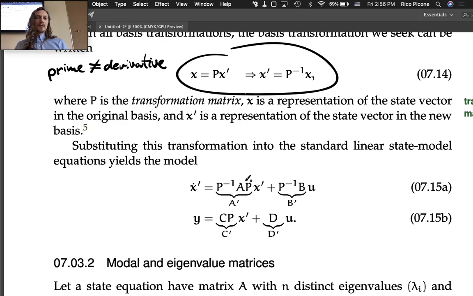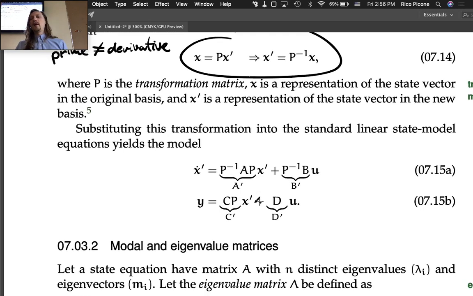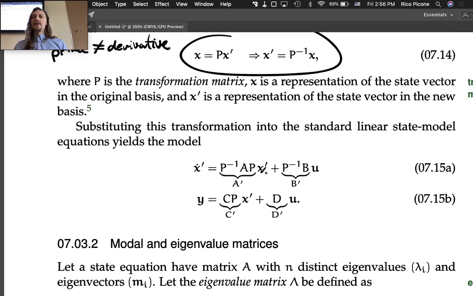It's called P inverse A P, which is our new A matrix. We'll call it A prime, and it multiplies the new state vector x prime. And we have this new B prime, which is P inverse times B, and a new C prime, and a new D prime.